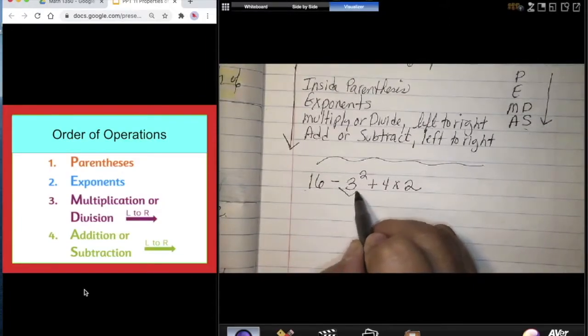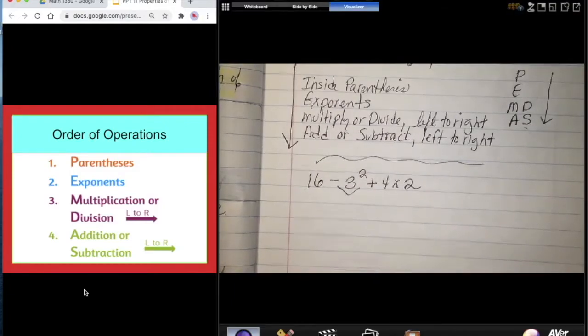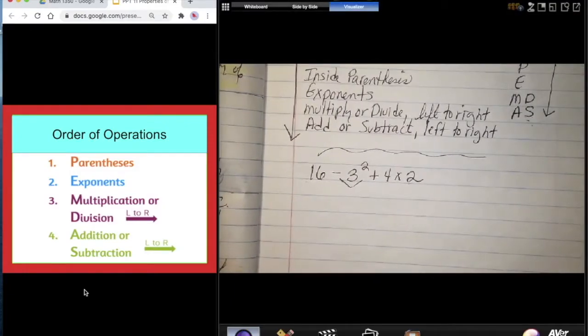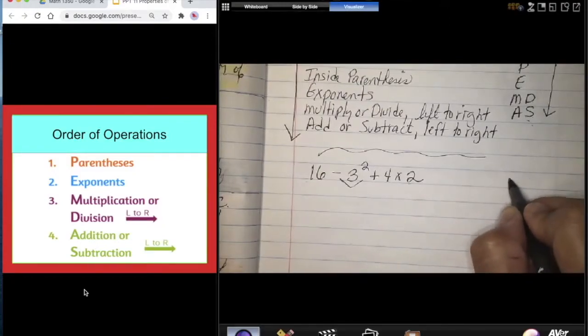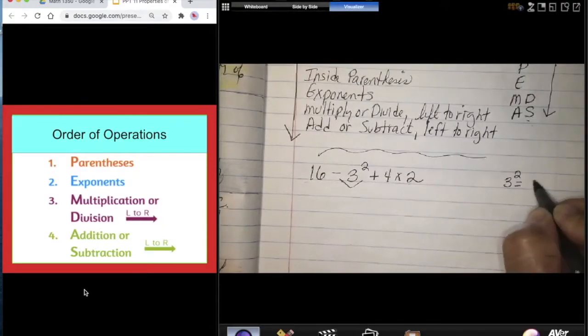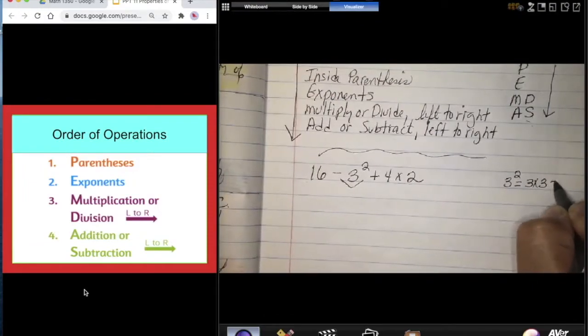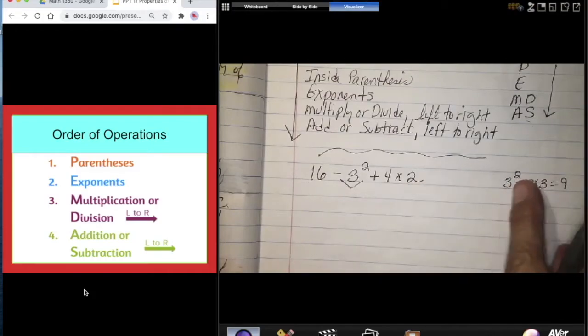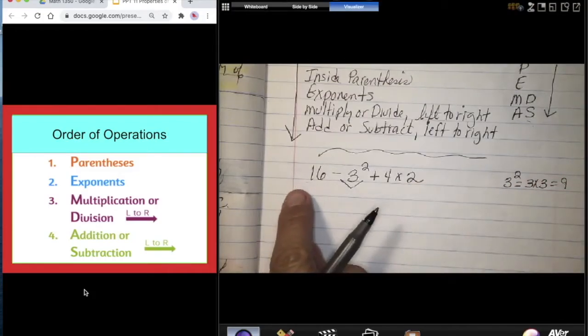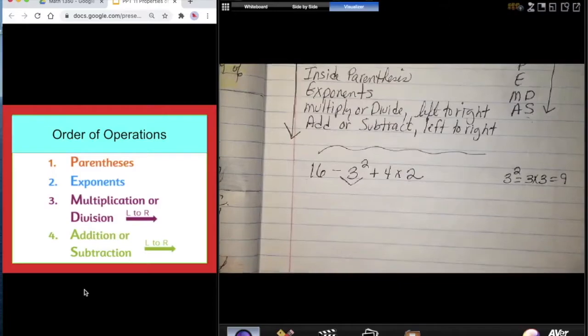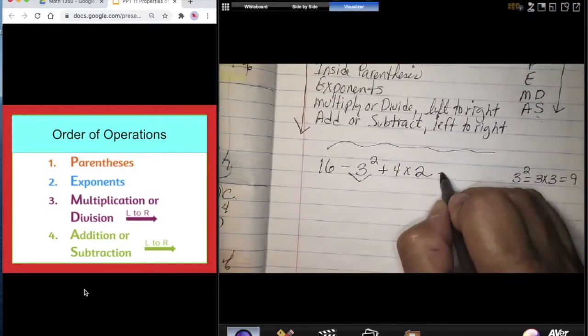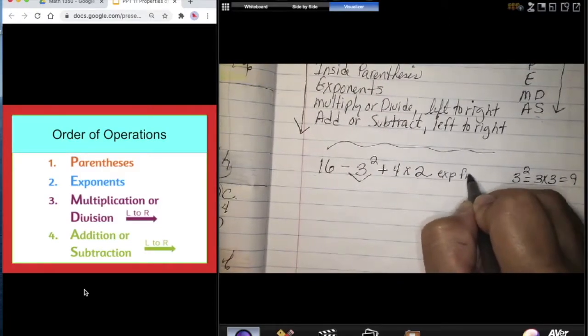And I'm going to indicate, I can use a little V, a caret symbol, to indicate the operation I'm going to perform first. Now remember that 3 to the 2nd power is 3 times 3. I don't show my work here. I can work it out over here on the side. I'm simply going to put the answer underneath. So we did our exponents first.